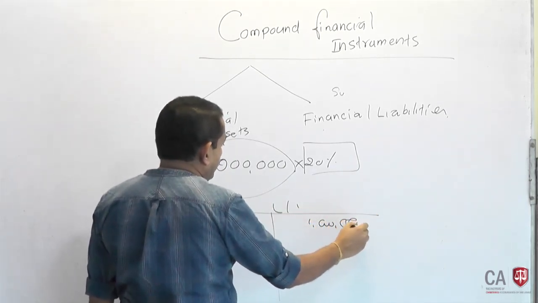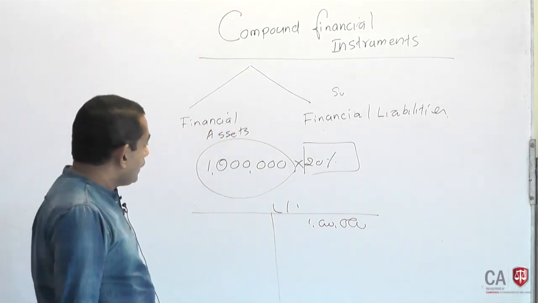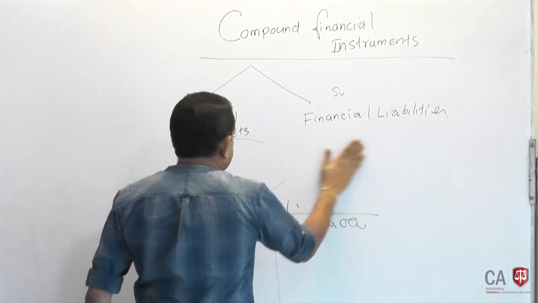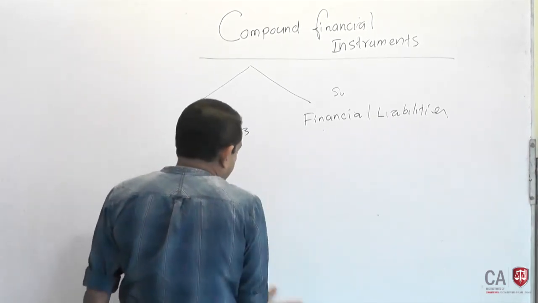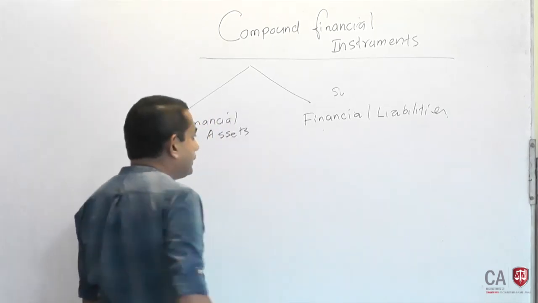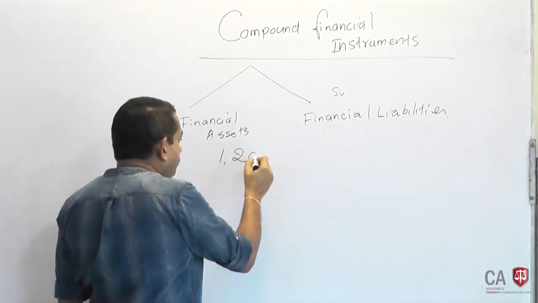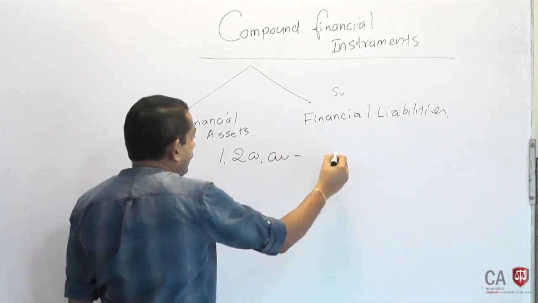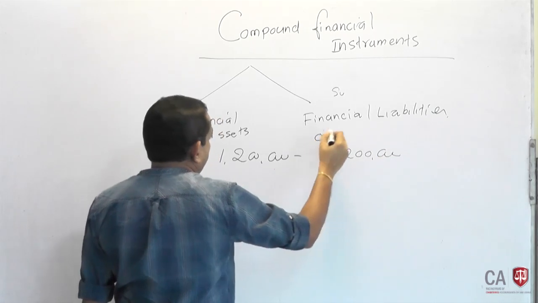Why? Financial instruments are initially measured at fair value. Now, the government says, as a concession, as a support, as part of the fiscal policy, no, we are granting you 1.2 million rupees now and we will recover 1.2 in 1 year's time. Now, the rate is 0.